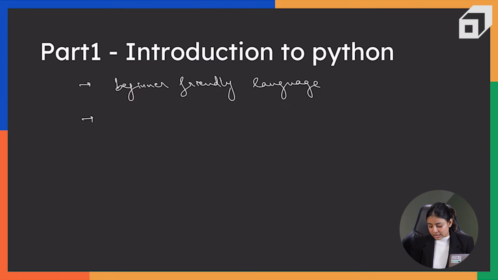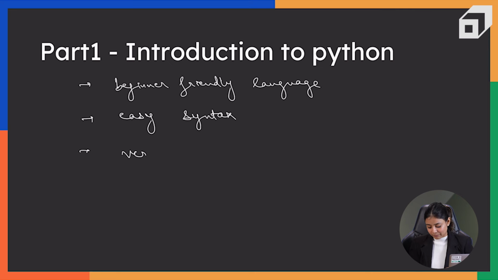And what makes this language beginner friendly is it has an easy syntax. The syntax of this programming language is very near to the English language that we converse in. That is why it is easy to understand, easy to write, and easy to read as well.